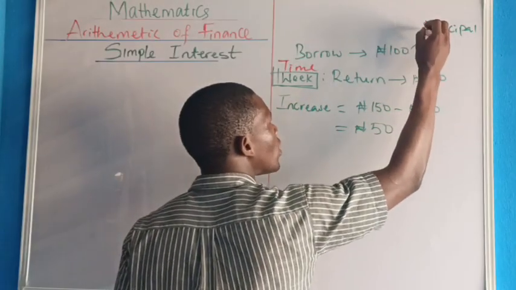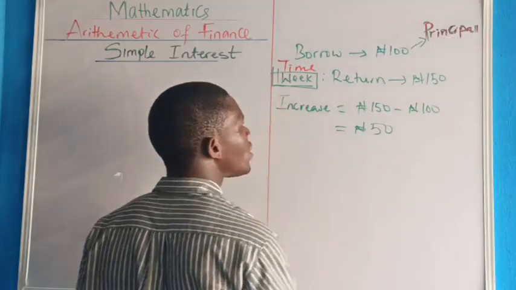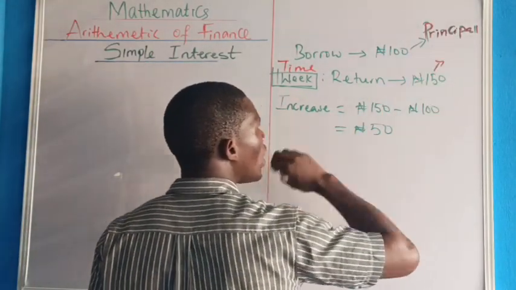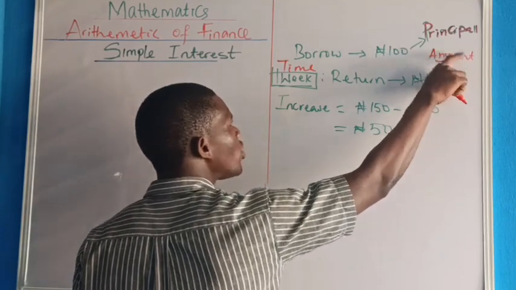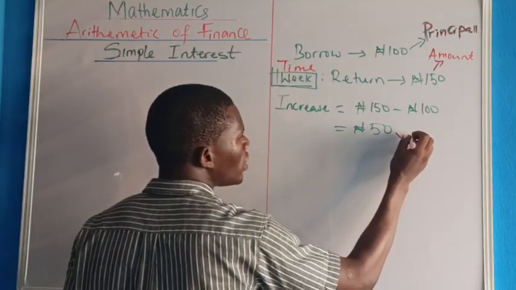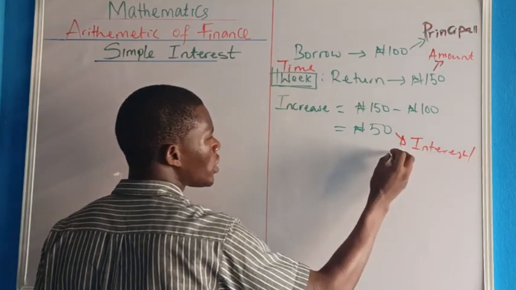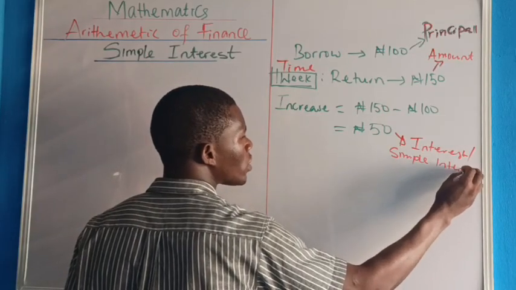This is the principal. Let me write it in red. And this money you return is the amount. So that is the amount you return after 1 week. While this increase here is the interest, or we call it simple interest.